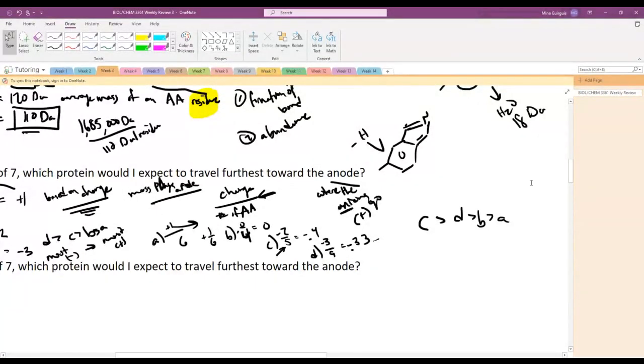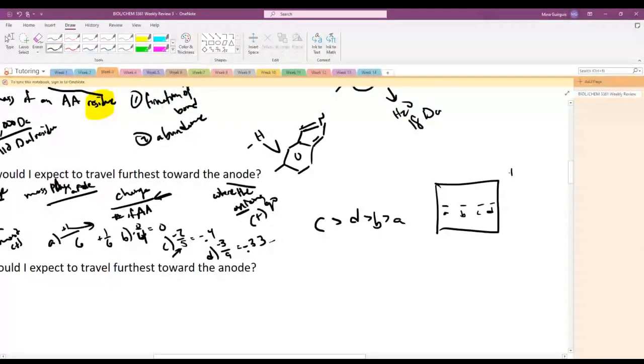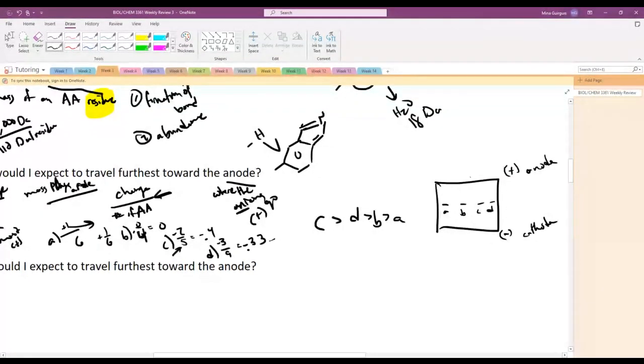And obviously this isn't scientific or anything, but if we were to visualize this on an actual gel, 1, 2, 3, 4, this being A, B, C, and D, and the positively charged anode, which I know is confusing, and the negatively charged cathode here, C would be maybe here. Oh, and actually, I should do this in different colors since black is the default.